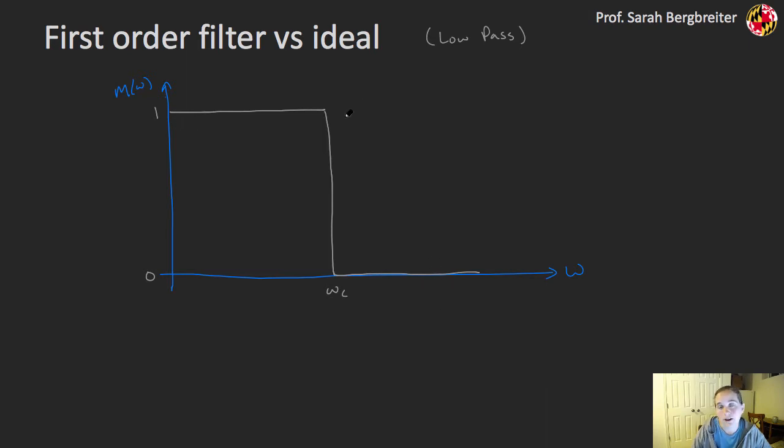So in contrast, for my first order system, in this case I'm going to sketch this in dB, so this doesn't translate perfectly, but I hope you'll forgive me for that a little bit.